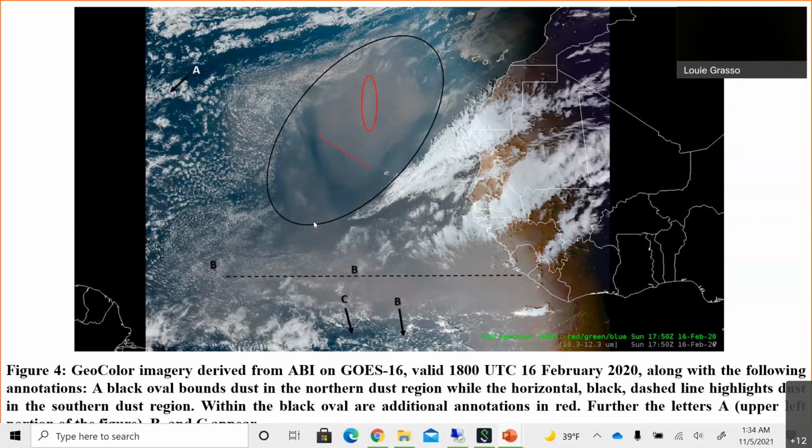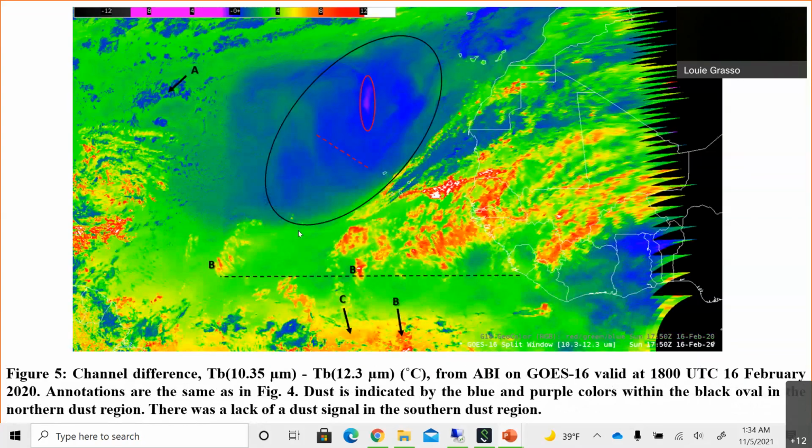All right, so what I'm going to do is show the split window difference for the same time, 18Z. What you can see here is in general, there's more negative values here. These are -1, -2, and then positive values, the green here.